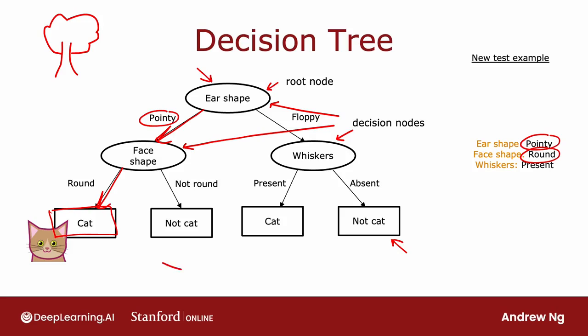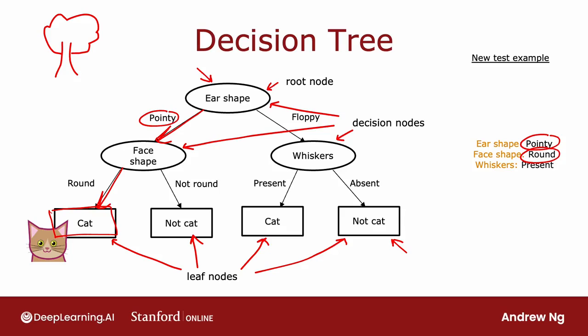Finally, these nodes at the bottom, these rectangular boxes, are called leaf nodes, and they make a prediction. If you haven't seen computer scientists' definitions of trees before, it may seem non-intuitive that the root of the tree is at the top and the leaves of the tree are down at the bottom. Maybe one way to think about this is more akin to an indoor hanging plant, which is why the roots are up top and then the leaves tend to fall down to the bottom of the tree.